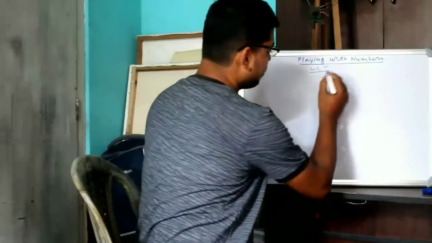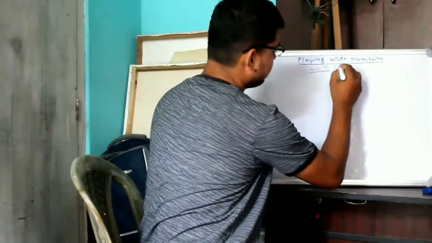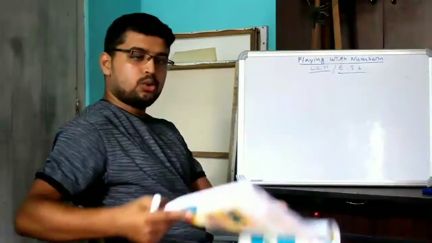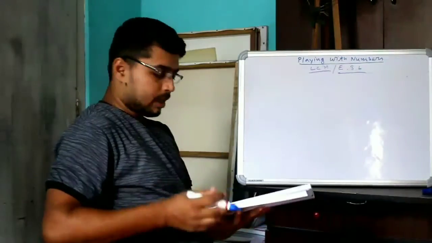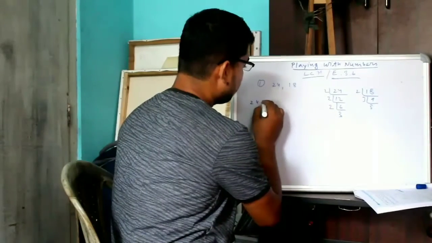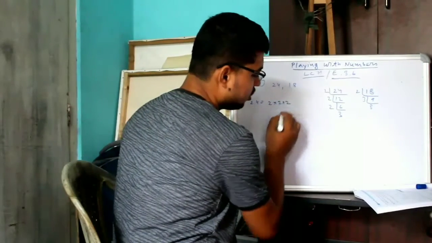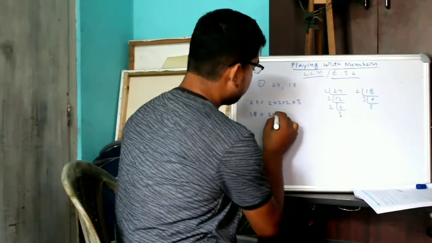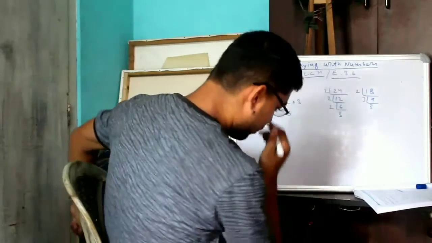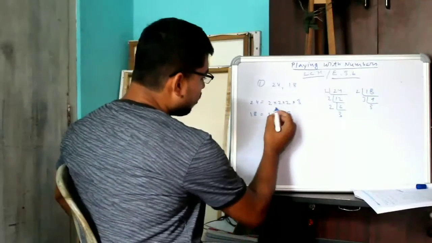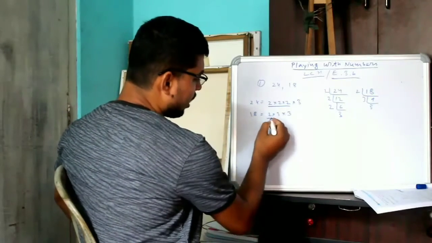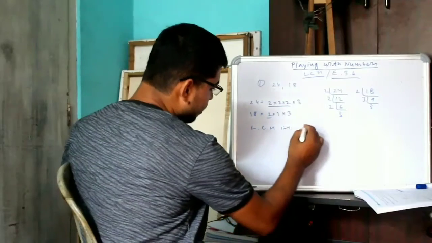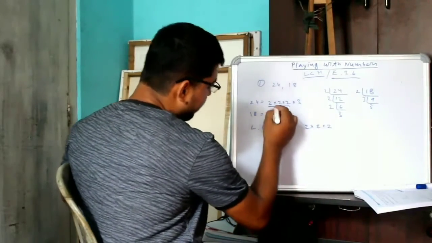Exercise 3.6. We can use the prime factorization. 24 equals 2 into 2 into 2 into 3, and 18 equals 2 into 3 into 3. Now see, here 2 three times, here 2 one time. So LCM is 2 into 2 into 2 coming.